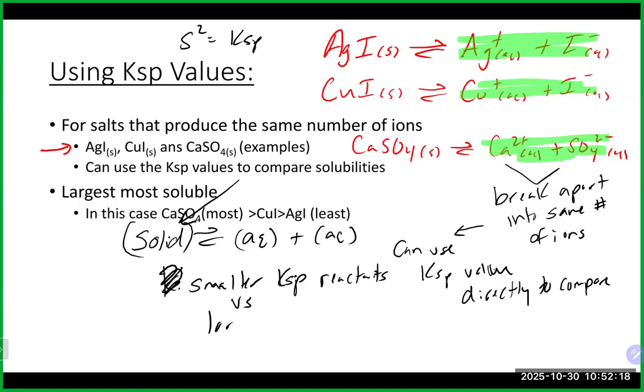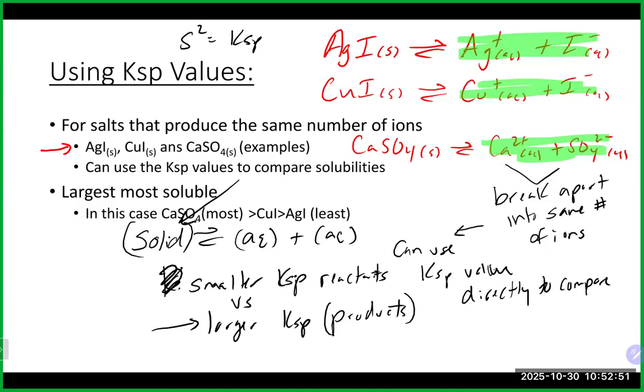Versus a larger KSP value, which is again just a K value. And with a larger K value, we would expect products to be present, right? So the one with the larger KSP value should have more aqueous ions present. And because it has more aqueous ions present, it should be more soluble than something with a smaller KSP value, which will have less aqueous ions and stay together more and be more insoluble.